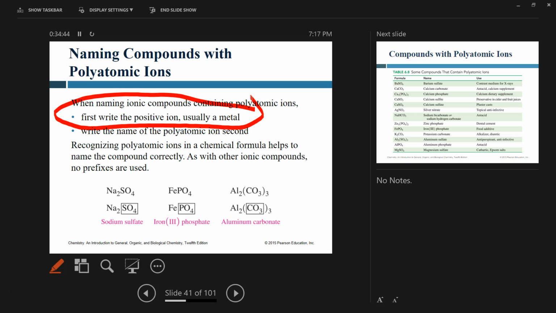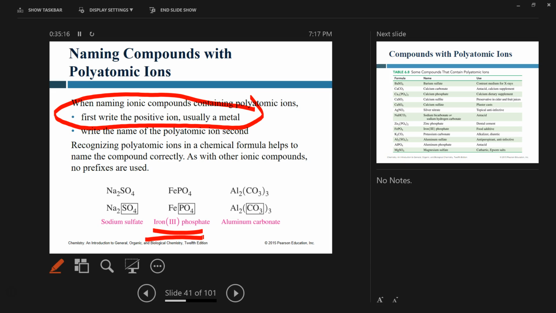Sodium sulfate, calcium bicarbonate, iron 3 phosphate. Does that make sense? And if you write the formula or name the ion with a transitional metal, remember about that Roman numeral in parentheses.